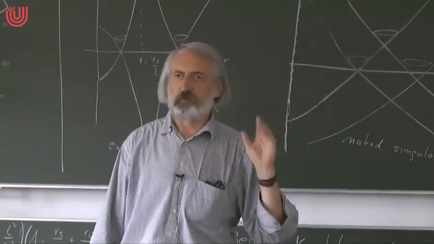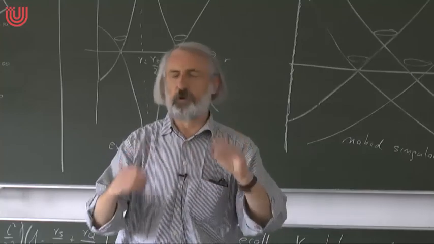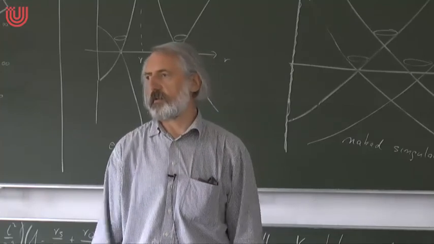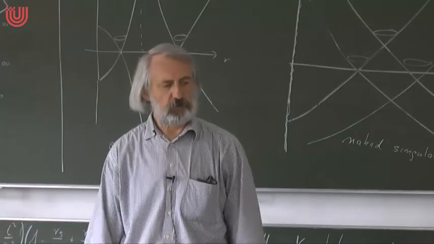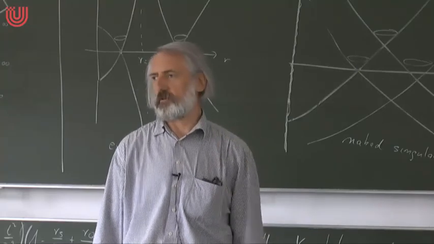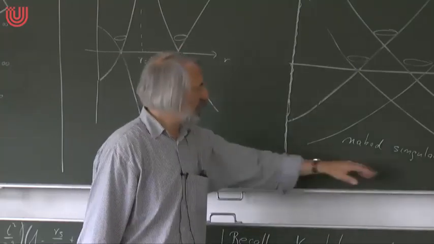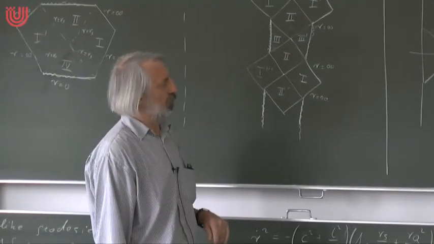Typical assumptions are energy conditions, that energies are not negative, that energy is not moving with superluminal velocity or something like that. Most people would accept this. But one also needs additional assumptions which maybe are not so clear. So most people believe that naked singularities do not exist, but we cannot be really sure.